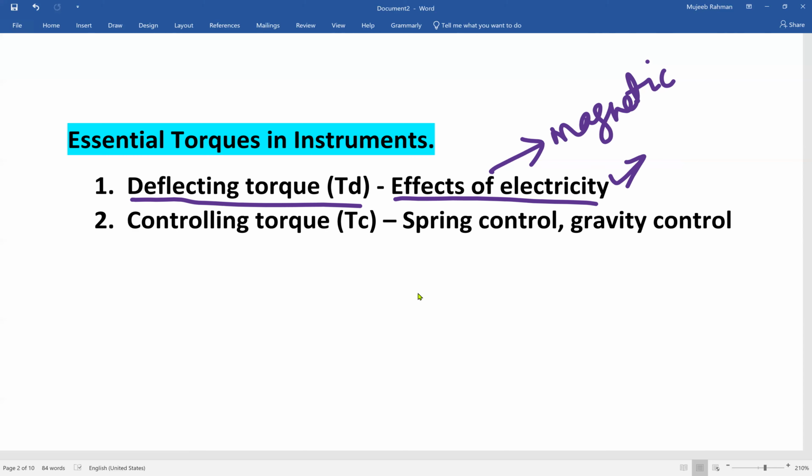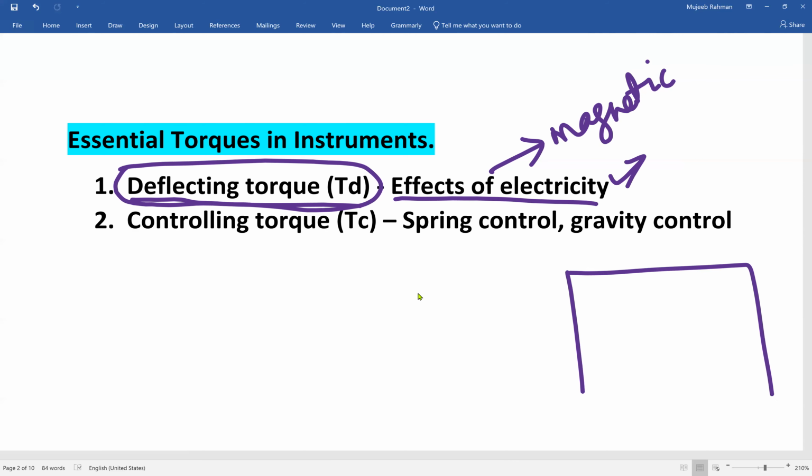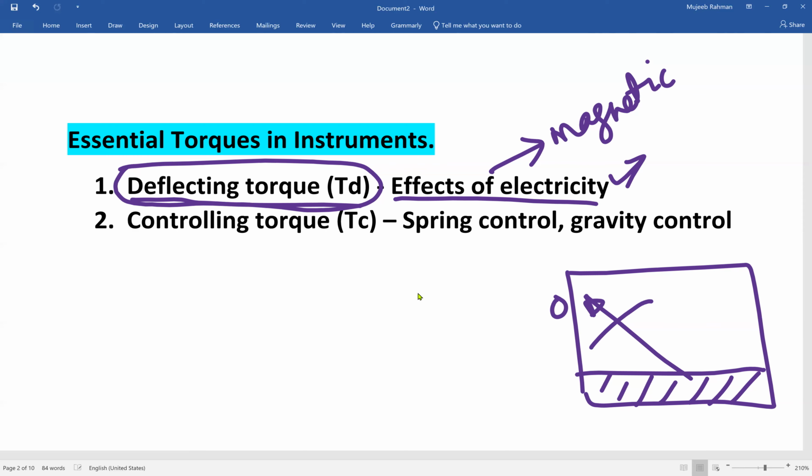So the deflecting torque will help the moving system move from the zero position. This is the zero position here. The deflecting torque will help the moving system to move from the zero position or the rest position towards the final steady state position. That is the basic role of the deflecting torque, TD.